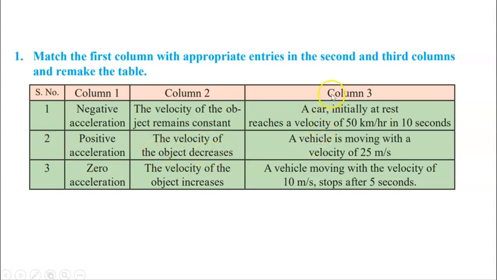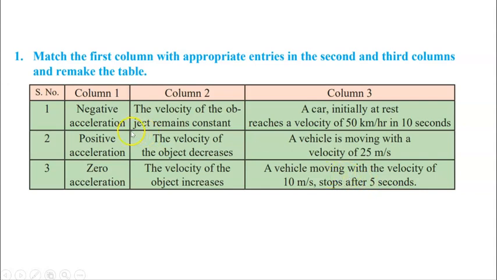And from the third column, a car initially at rest reaches a velocity of 50 km per hour in 10 seconds, a vehicle is moving with a velocity of 25 meter per second, and a vehicle moving with the velocity of 10 meter per second stops after 5 seconds, and this is the correct.